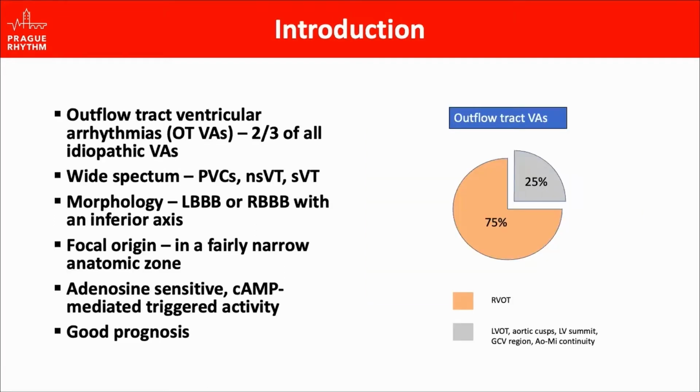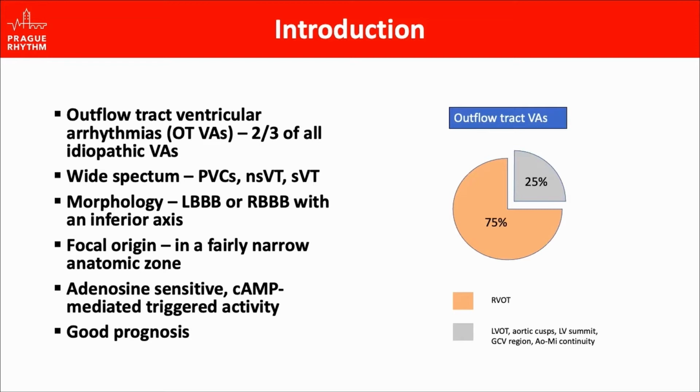Outflow tract arrhythmias comprise a subgroup of ventricular tachycardias that occur in patients without structural heart disease, and approximately 2/3 of all idiopathic ventricular arrhythmias actually originate from the ventricular outflow tracts.